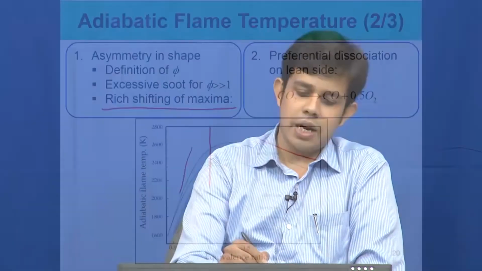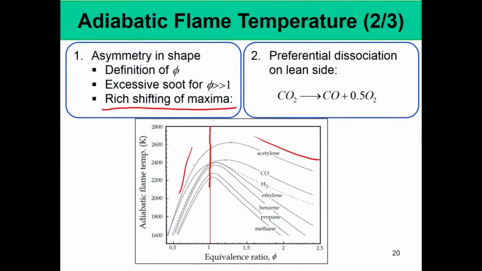Of course, you will see later that this adiabatic flame temperature also determines the pollutants that will be emitted, and presently everybody wants to work in this regime, so that the temperature can be less, there can be no soot, there can be no carbon monoxide formation. But of course there are other challenges associated with this, we will talk about them later.